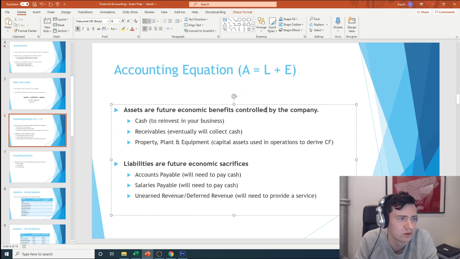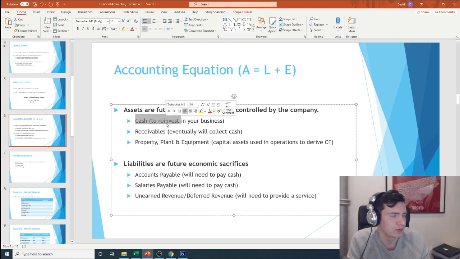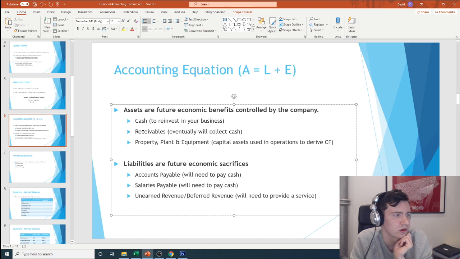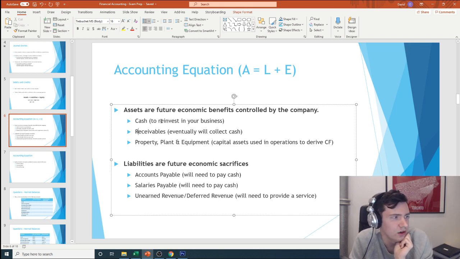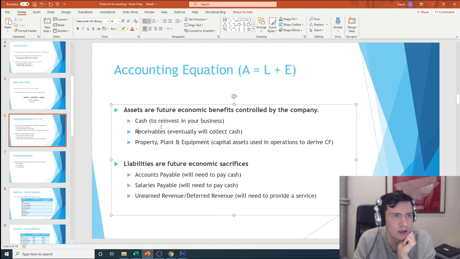You don't technically have to own them, because some may be leases that you have, and those are still considered capital assets at times. But in a very simple way of looking at it, let's look at some of our assets, like cash. Cash provides a future economic benefit by allowing us to reinvest in our business and create some return on our capital.